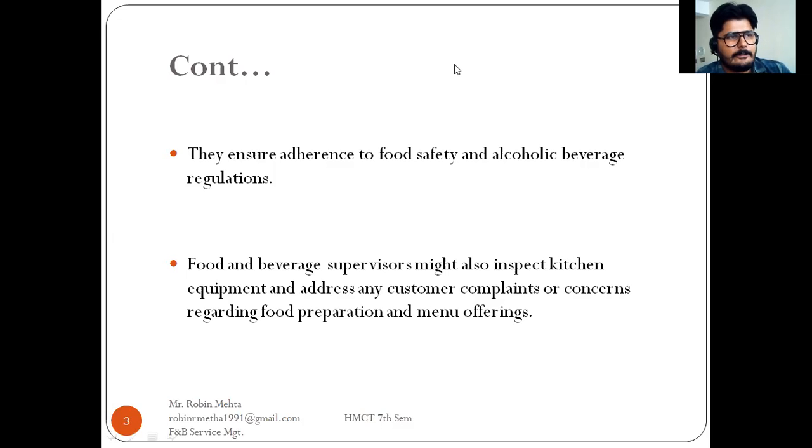They also discuss menu offerings, like if we eliminate some food items from the menu, or put some new items or dishes in our menu. They may ask the guest also, because we are in the actual market. Guests tell us much better than our staff, because we get to know the likes and dislikes of the guests.